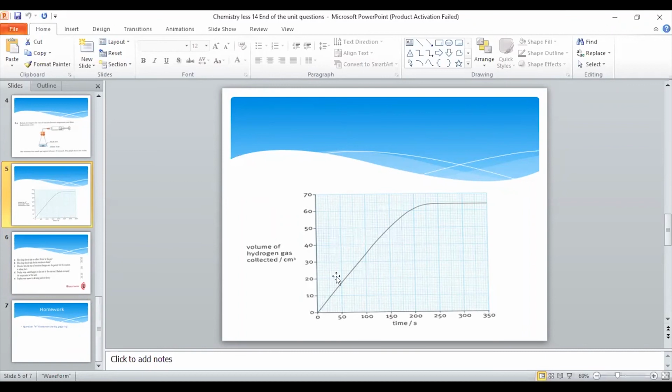Here, the rate of reaction for this gas is quite fast until here, where it slows down and then finishes.